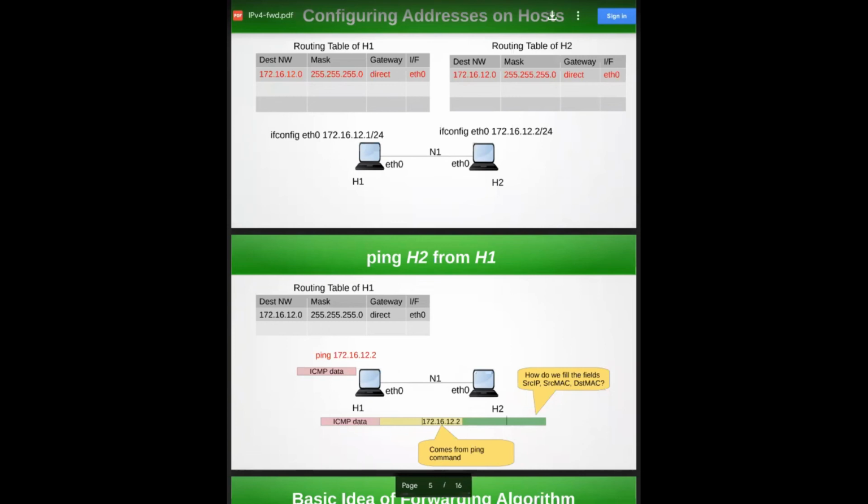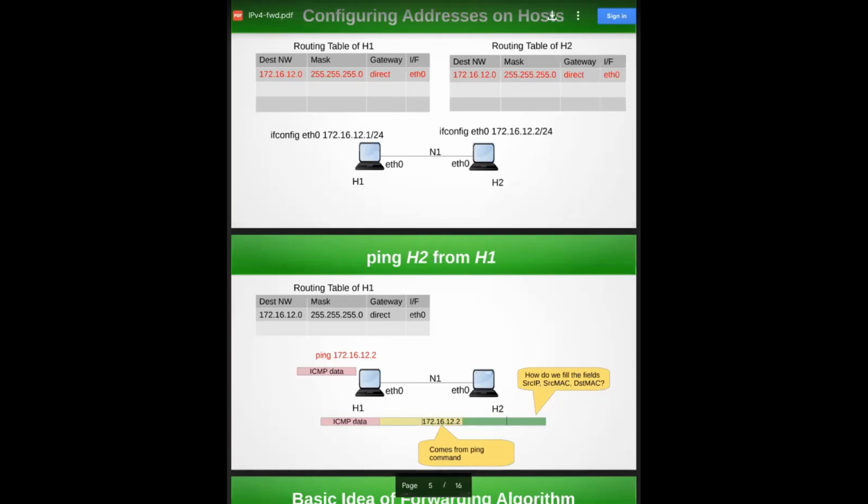Now, when I give the command, ping is basically an ICMP message. Okay. Please remember that we said that if it is ICMP data that is being carried, the protocol field in the IP header will be equal to 1. Okay.